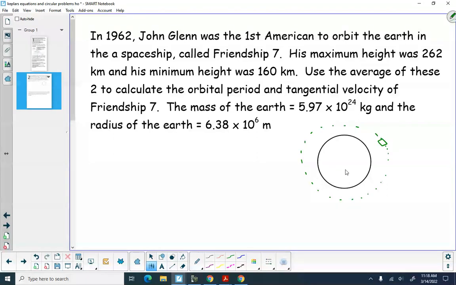The minimum height was 160 kilometers, and the maximum was 262 kilometers.